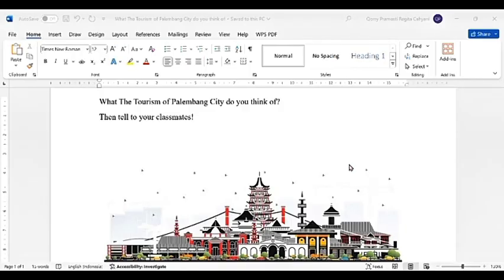Okay, let me begin. Siguntang Hill is located on Bukit Lama Ilir Barat 1 Street in Palembang city.